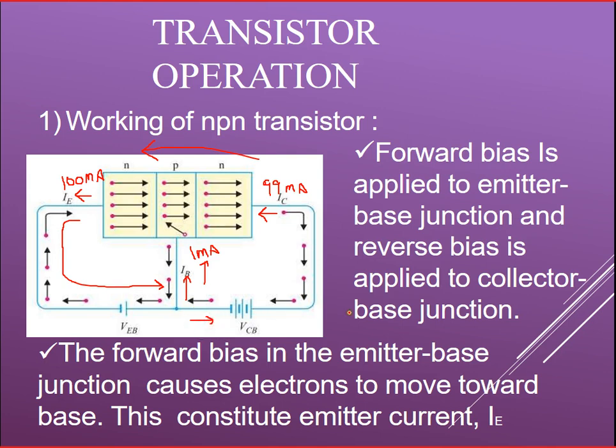Inside the transistor, 99 coming from the collector and 1 coming from the base combine together, and 100 milliamps is crossing here and coming to your emitter. So now you understood that the total current IE is equal to IB plus IC. Okay, clear to all of you?